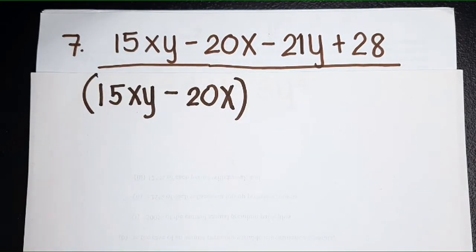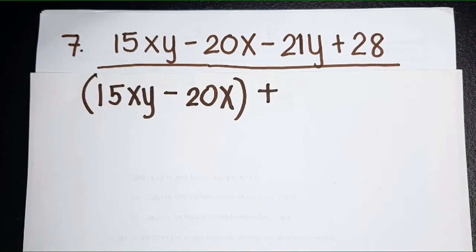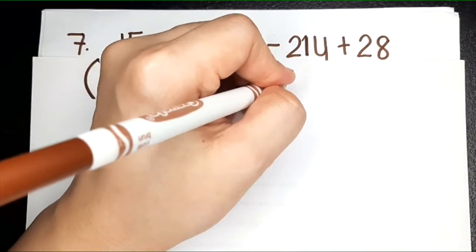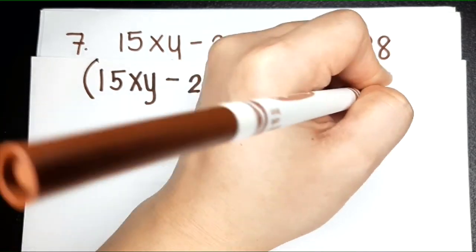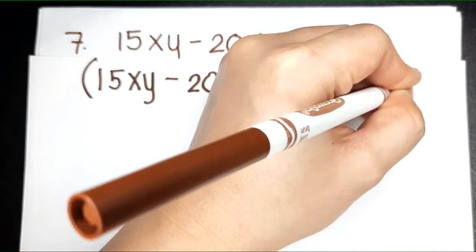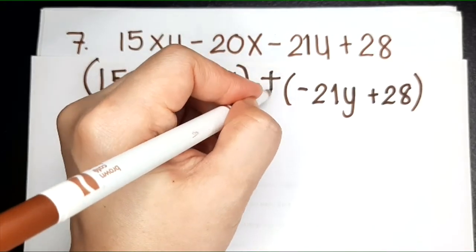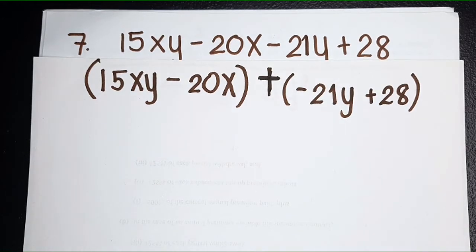And then, automatic lagi nyo ilagay plus na yan muna ha. Okay, plus. And then you copy negative 21y plus 28. Like that. Okay? So, ito muna plus lang palagi para hindi kayo malito sa sign. Plus.